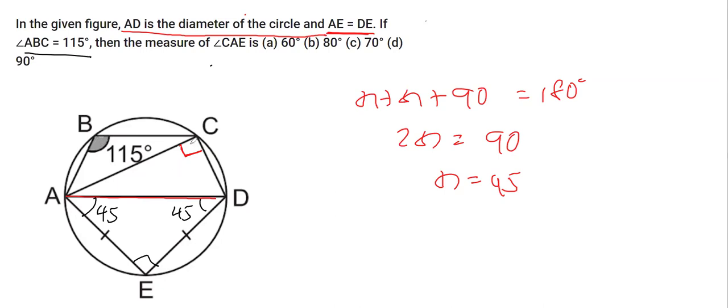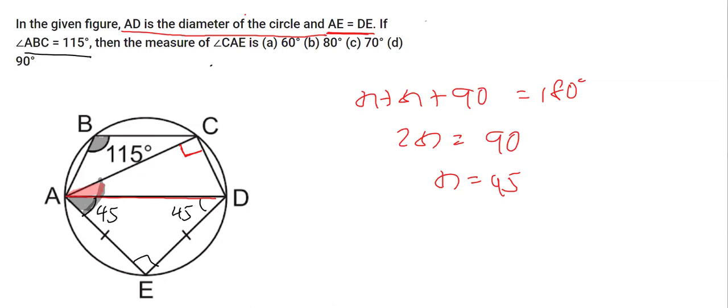And what we have to find out is the measure of angle CAE. That means we have to get the measurement of this whole angle. Well, as of now, we already know the value of this angle, right? And then we have to find the remaining part of it so as to get this CAE. The red portion is what we have to calculate.